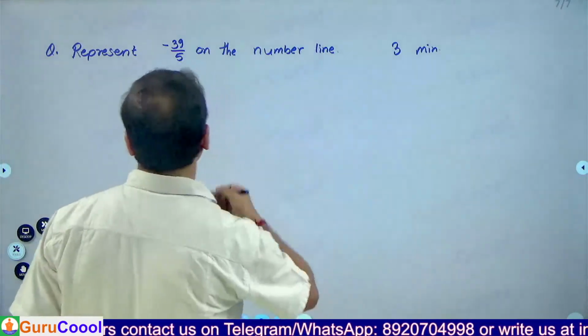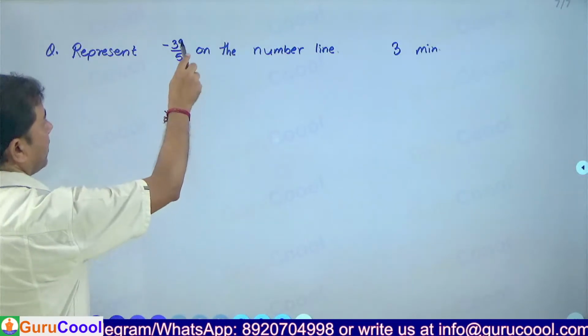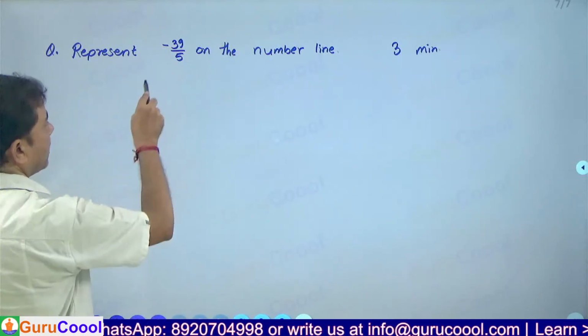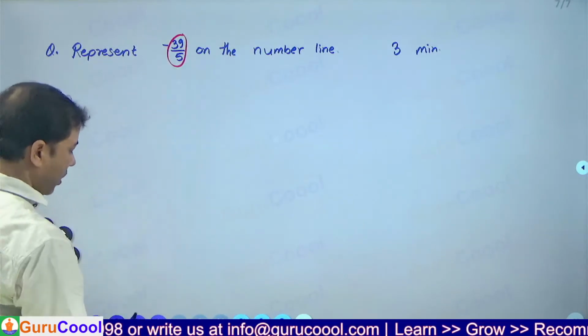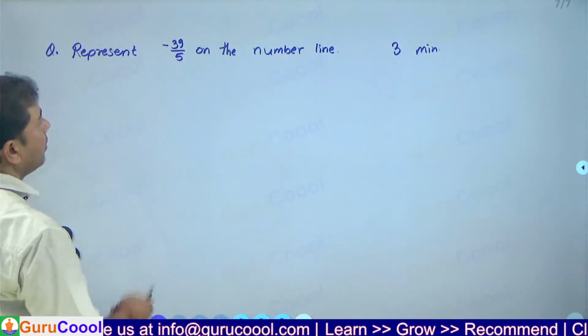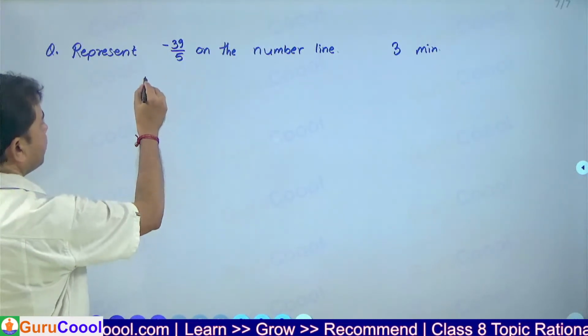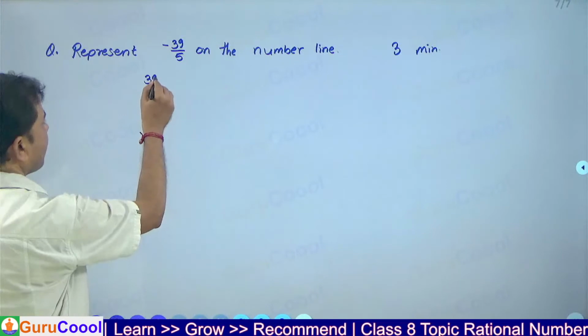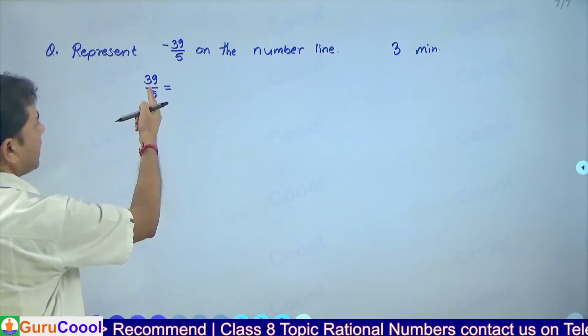Okay. See here now. 39 by 5. If we ignore the negative sign, the numerator is greater and it's an improper rational number. 5 sevens are 35.